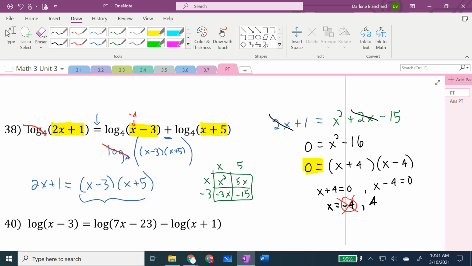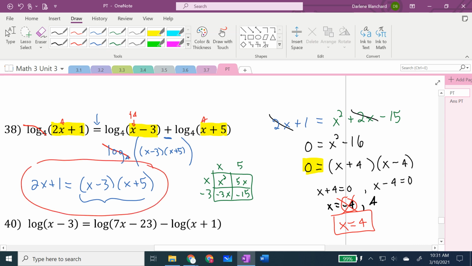Then when I put in +4, I do get a positive number in there. Positive and positive. So the only solution is x equals 4. That is definitely a challenging problem due to what you have to do after you reach this point.